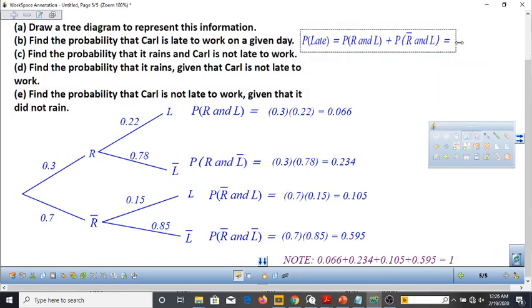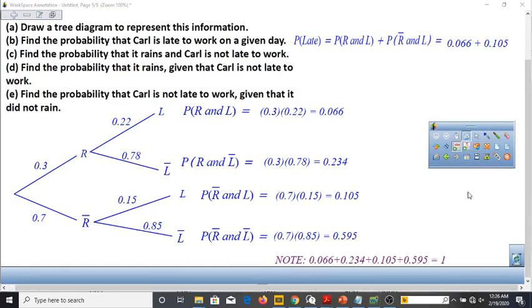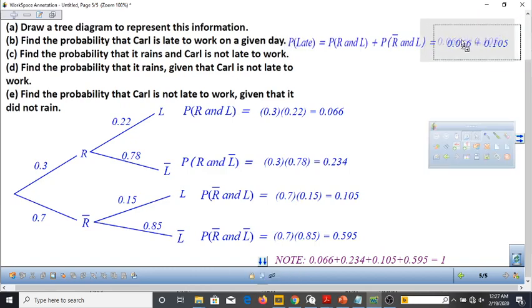I'm going to make a little adjustment here. And so my answer becomes simply adding 0.066 to 0.105. Those are the 2 cases where Carl was late. So it's 0.066 plus 0.105. And those work out to be 0.171.